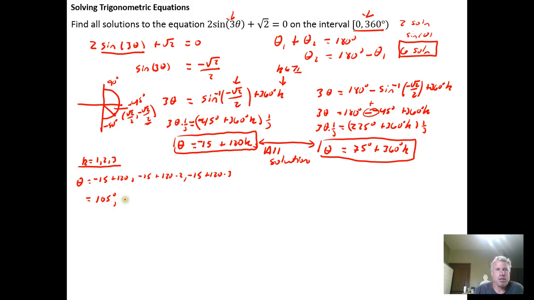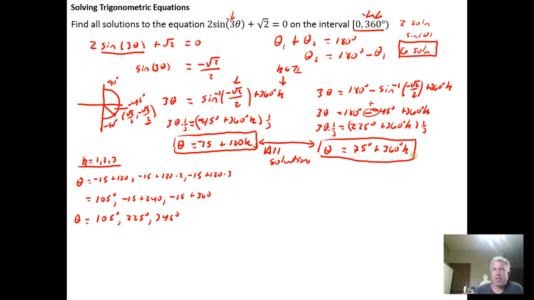Negative 15 plus 120 times 2 is going to be negative 15 plus 240. And I get negative 15 plus 360. And then we can simplify those a little bit more. This will be 105 degrees, comma, negative 15 plus 240 is going to be 225 degrees. And this is going to be 345 degrees. So there's 3 angles, each of which is clearly in the interval from 0 to 360 degrees.